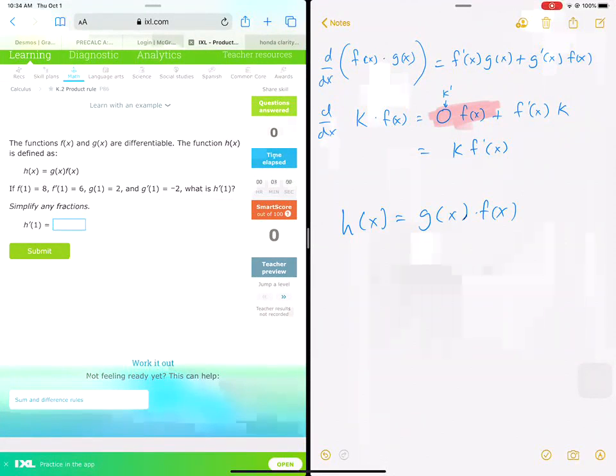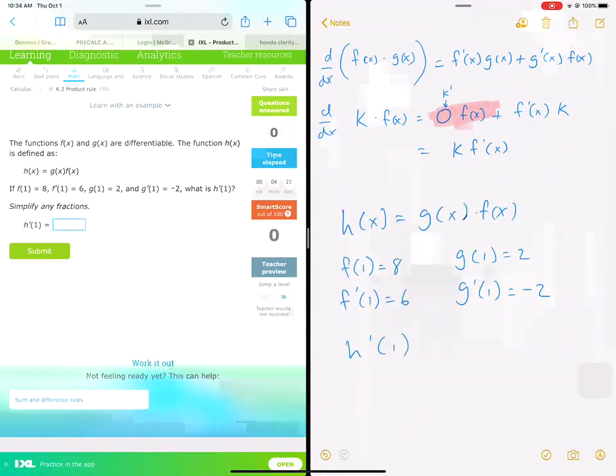Now, they give us a bunch of conditions: f at 1 is 8, f's derivative at 1 is 6, g at 1 is 2, and g's derivative at 1 is negative 2. What is h prime of 1?